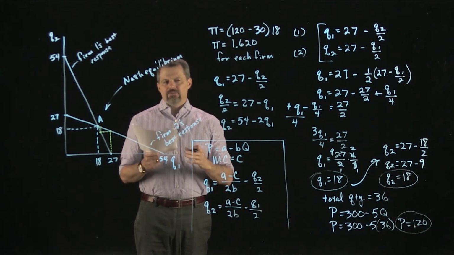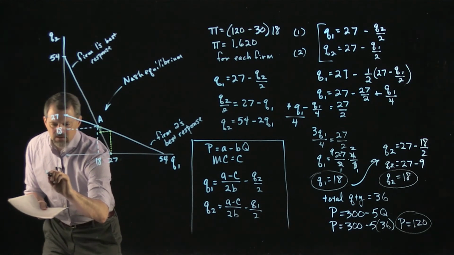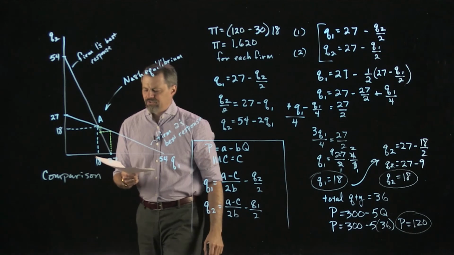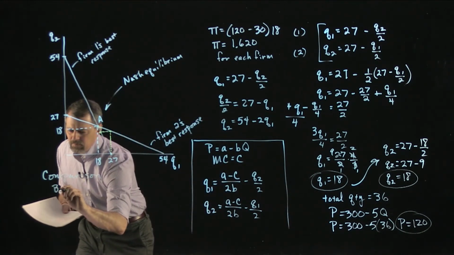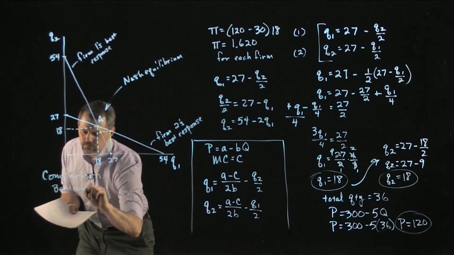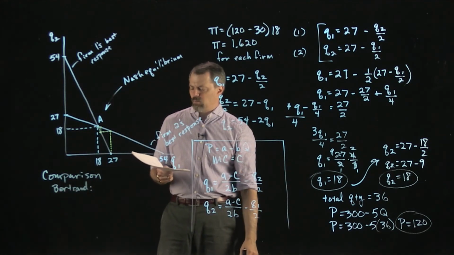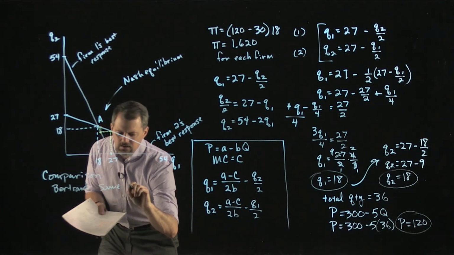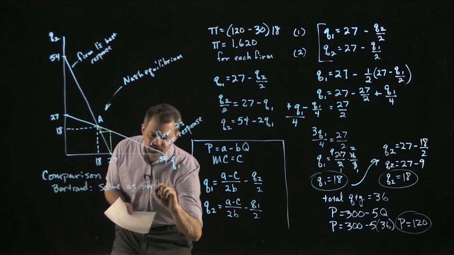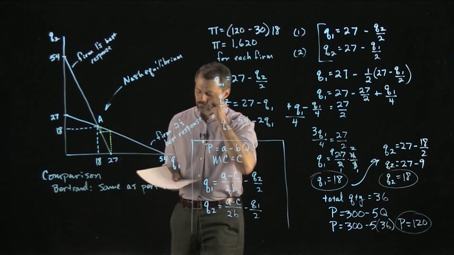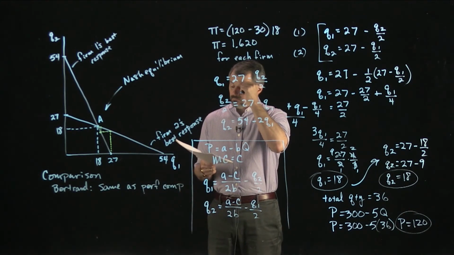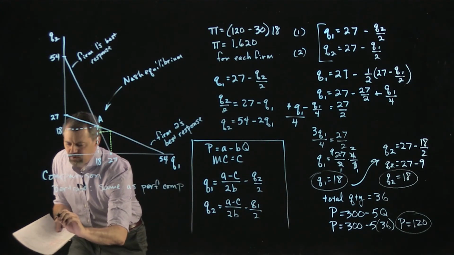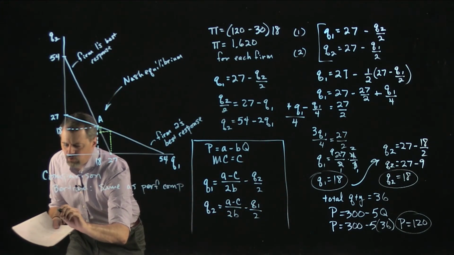Let's talk about how these markets compare. Comparison. So we started with Bertrand competition. And with Bertrand, what we saw was that's the same as perfect competition. We talked about collusion. I'm going to put it down here. I'm going to leave a space because we're going to put Cournot in there.